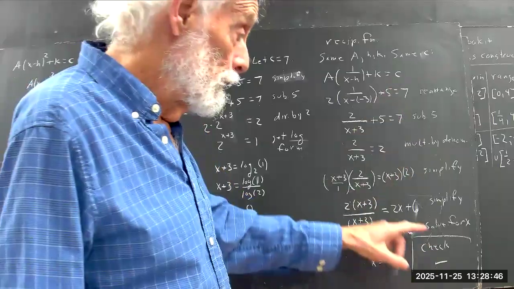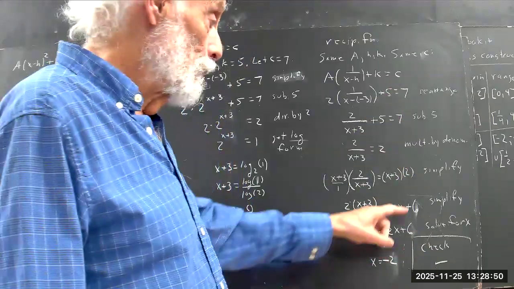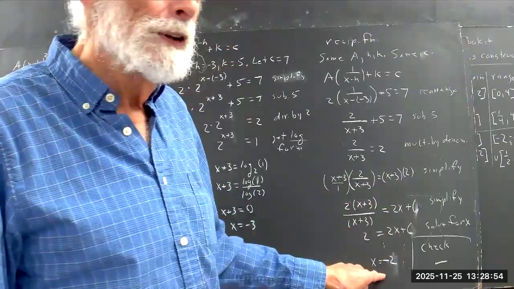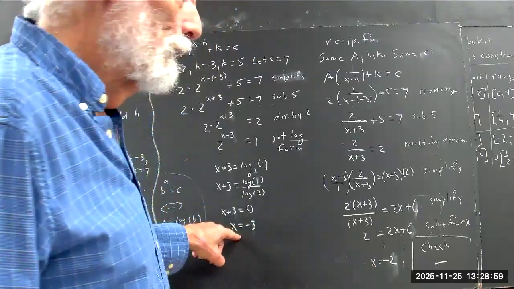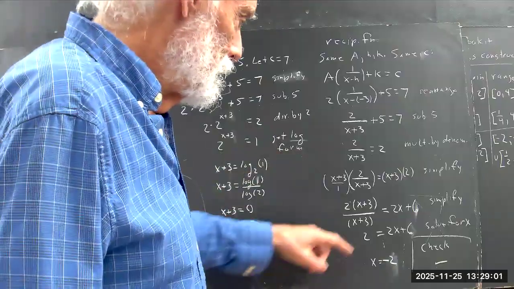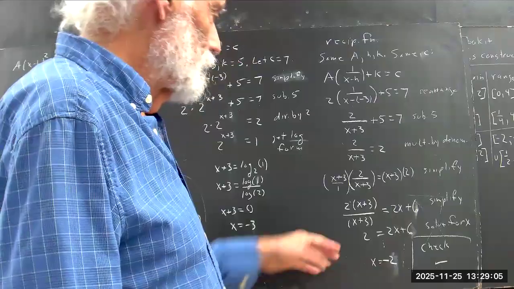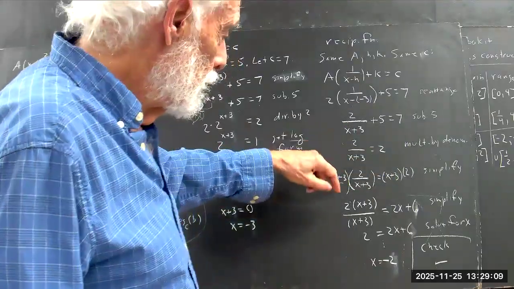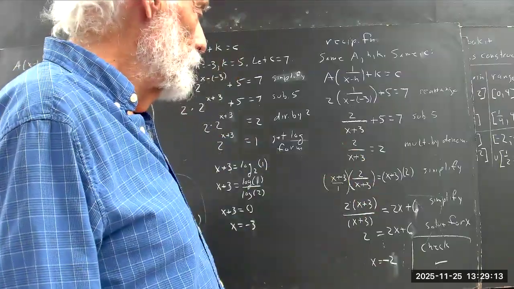And I wrote this down carelessly. See how my 6 is kind of smudged out? That's because I had a 3 here instead of 6. I didn't multiply my 2 by 3. I got something down here that didn't check. Here I checked and I found that I had an error, just a very common, simple error that I shouldn't be making.